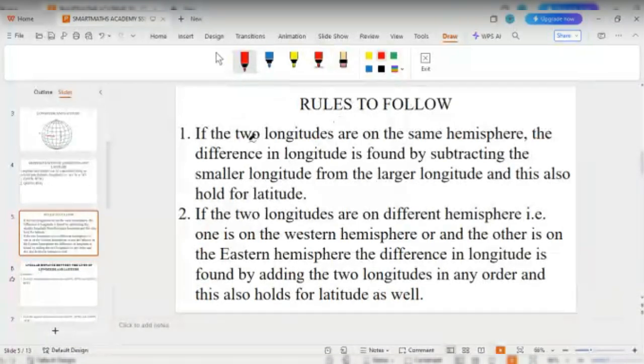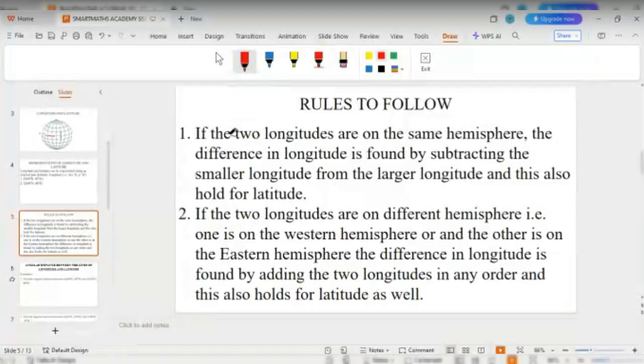As we have it here, rule number one says if the two longitudes are on the same side or the same hemisphere, which means they are on the same side of the meridian, that is, half of the sphere, then the difference in longitude is found by subtracting the smaller longitude from the larger longitude. I hope this one is clear to you.